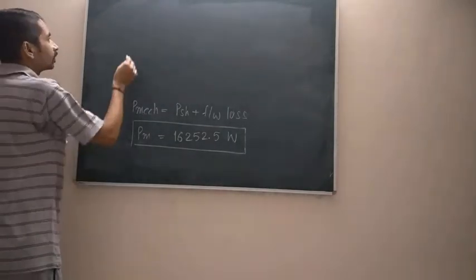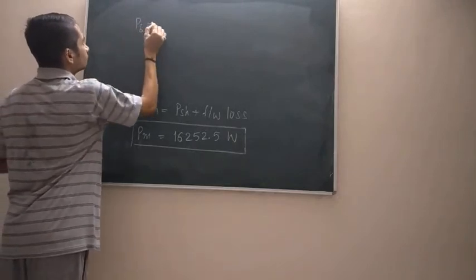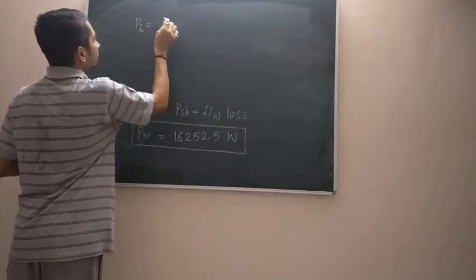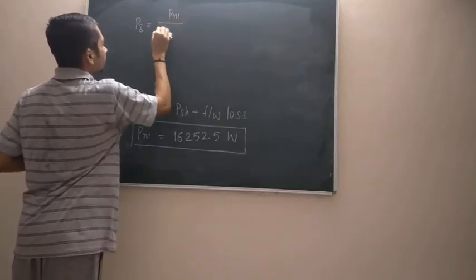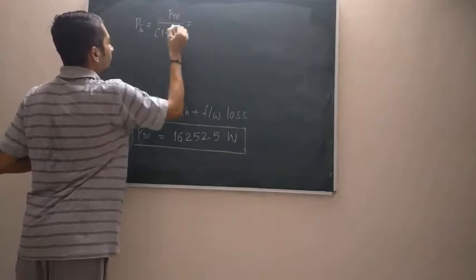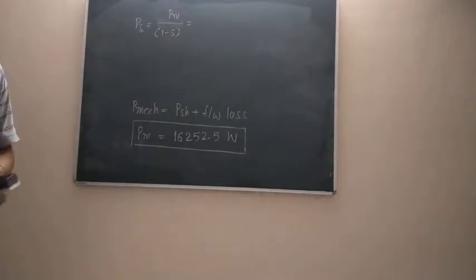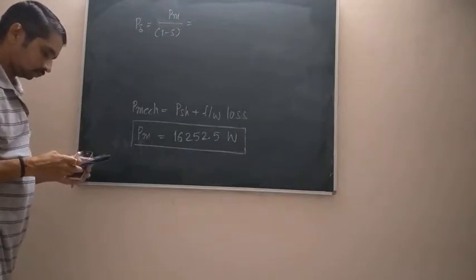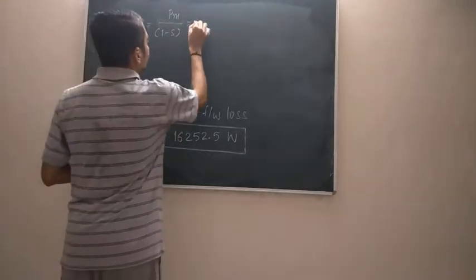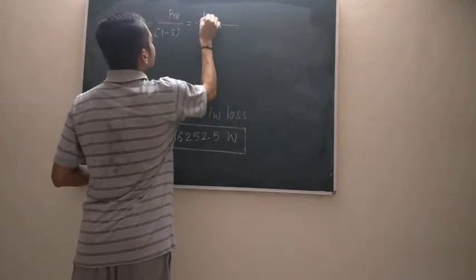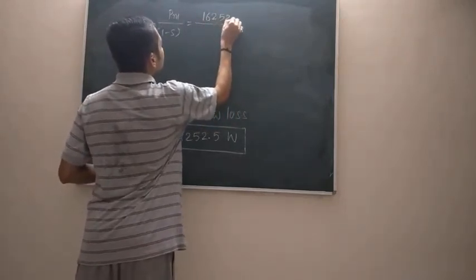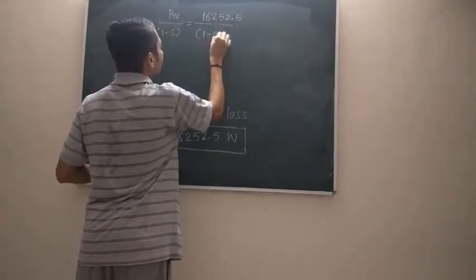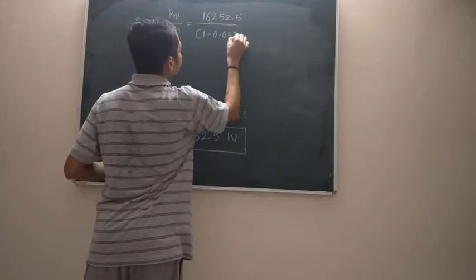Now the air gap power we can calculate. Air gap power is mechanical power upon (1 minus S). So it will be 16,252.5 upon 1 minus 0.03.